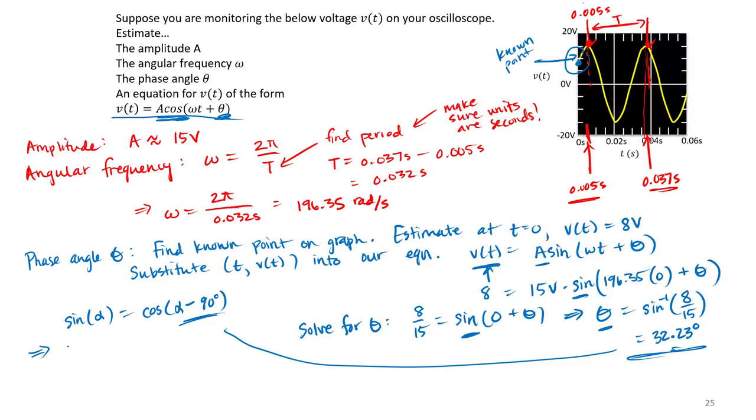So our theta will be 32.23 degrees minus 90 degrees. So for the cosine function, our phase angle theta is actually going to be equal to negative 57.7 degrees. So just be careful there. Remember to use that trig identity if you need to change from sine to cosine.